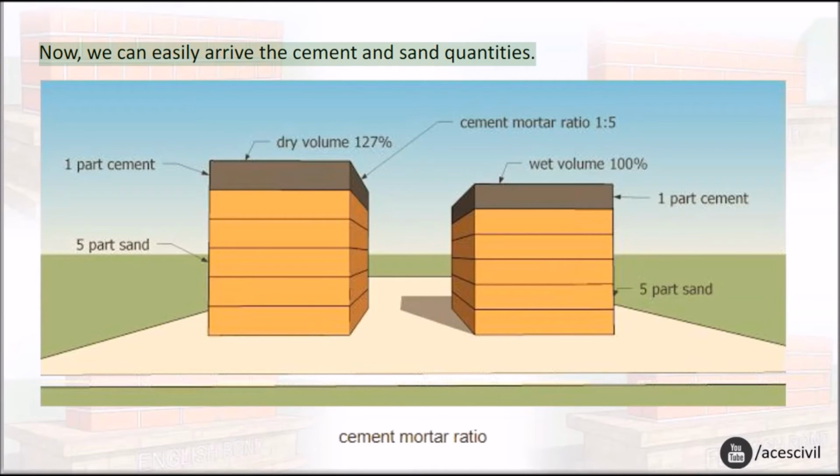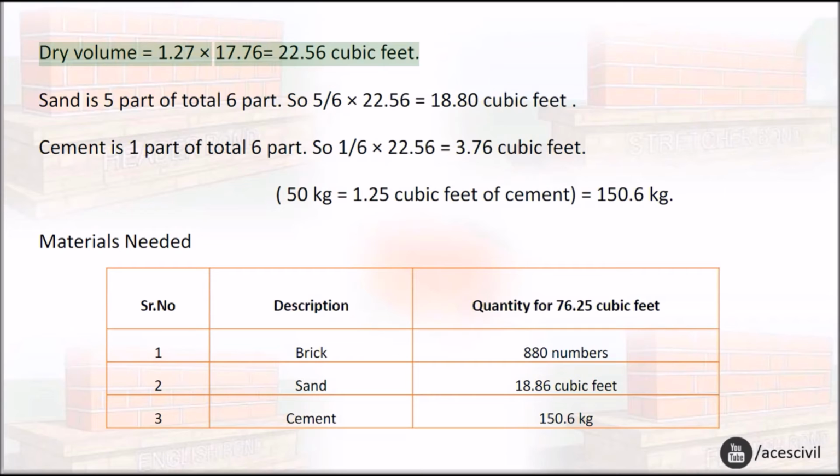Now we can easily arrive at the cement and sand quantities. Dry volume equals 1.27 times 17.76, which equals 22.56 cubic feet. Sand is 5 parts of the total 6 parts. So 5/6 times 22.56 equals 18.80 cubic feet.